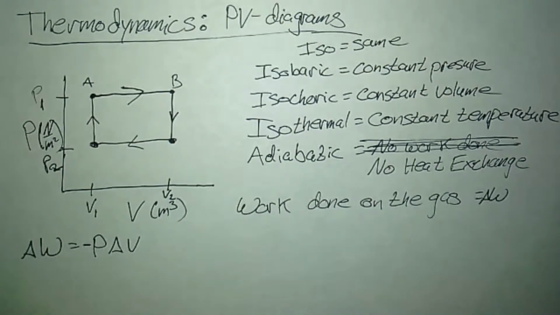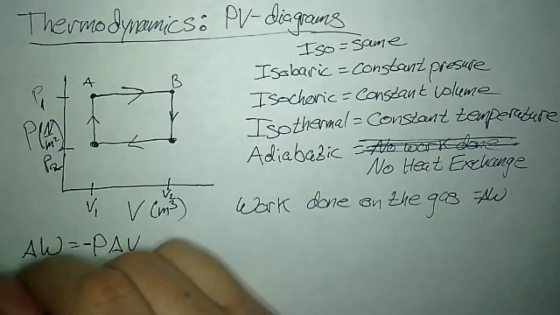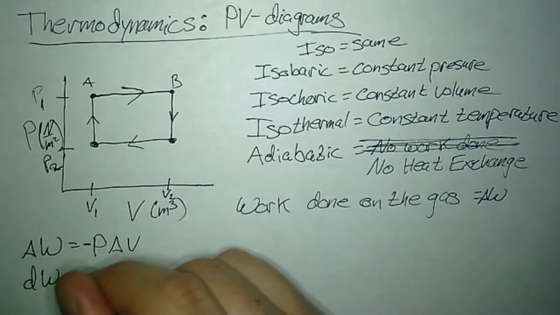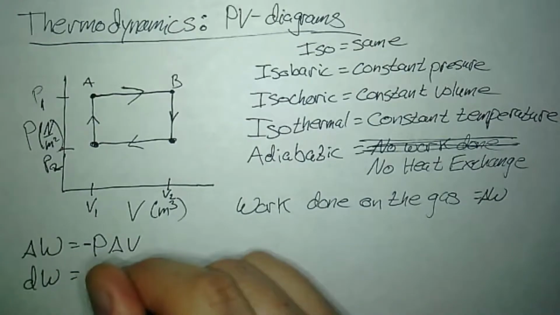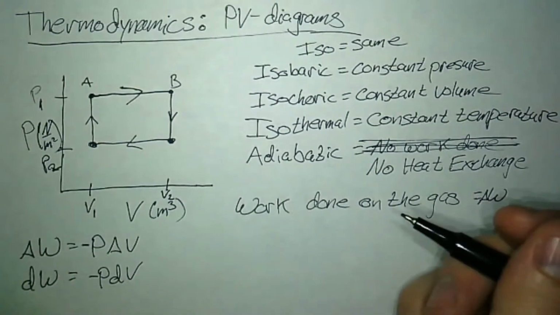So how much work is done on the gas during this process? Well, if you're familiar with calculus, you can look at this like dW equals minus PdV, right? Which probably tells you something. You can probably figure it out there.